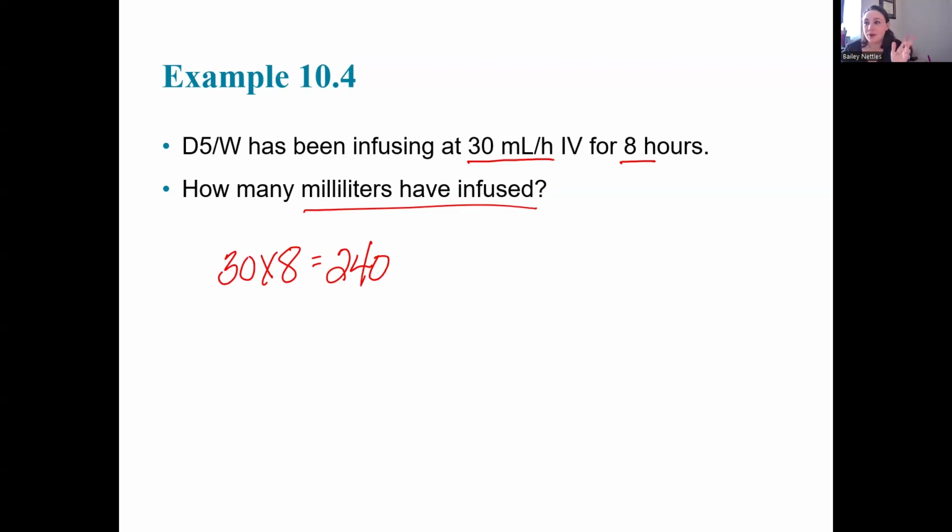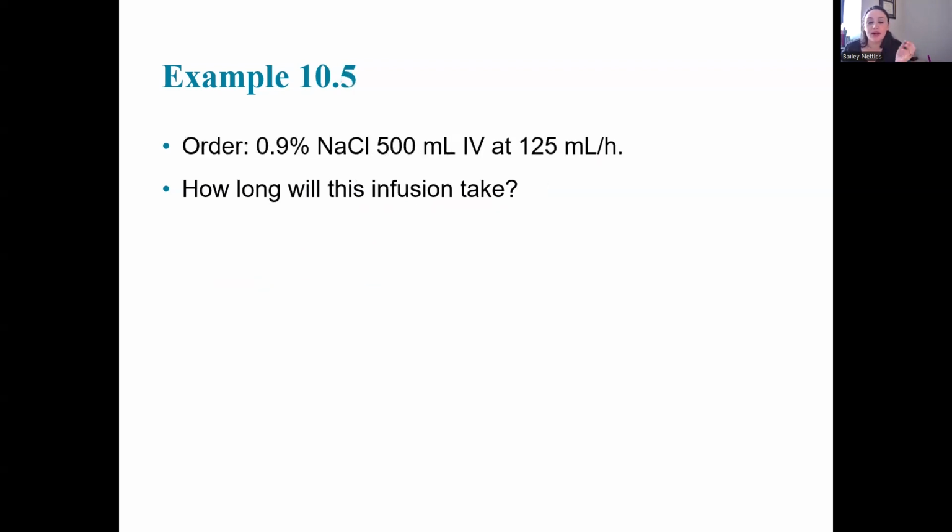All right, so now we have an order for normal saline, 500 milliliters at 125 an hour. How long will this take? So once again, we're looking for how long will this take? We're looking for hours. Okay. So volume over time. Sorry, this is the desired over have.